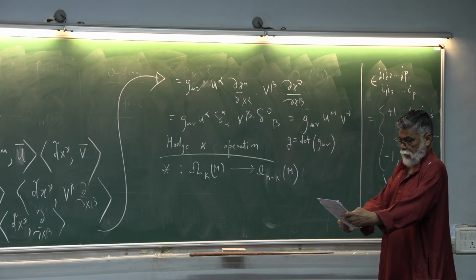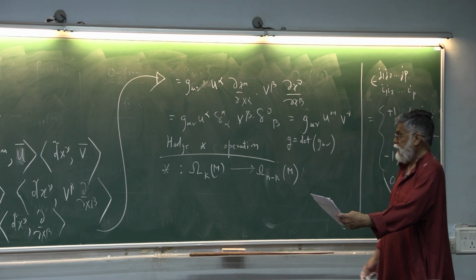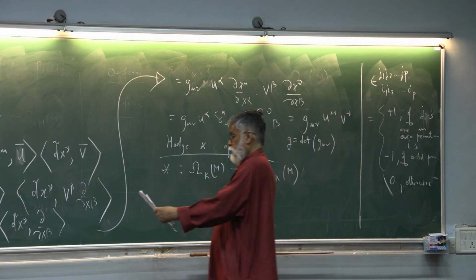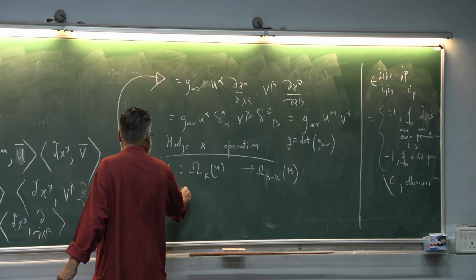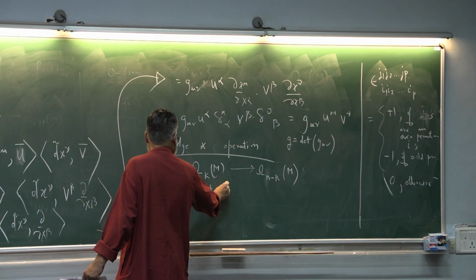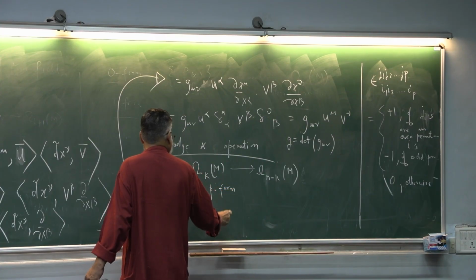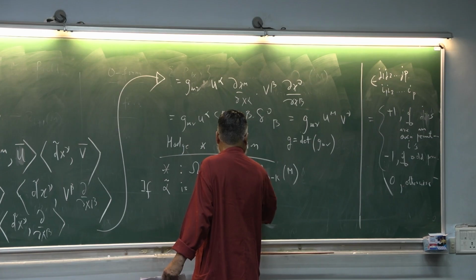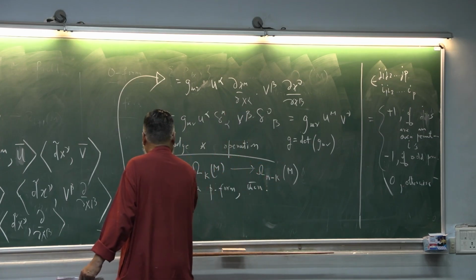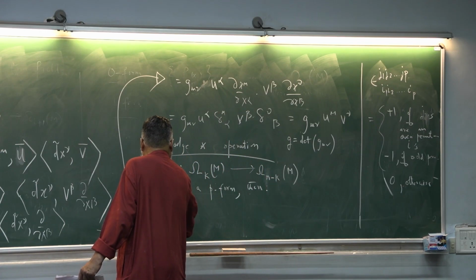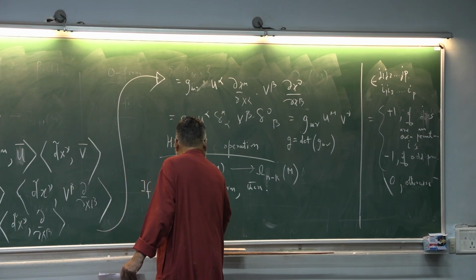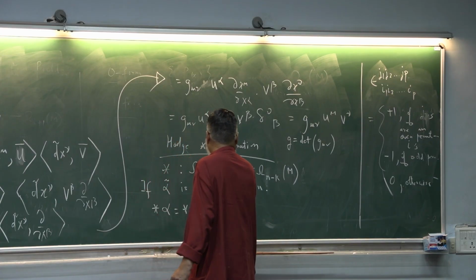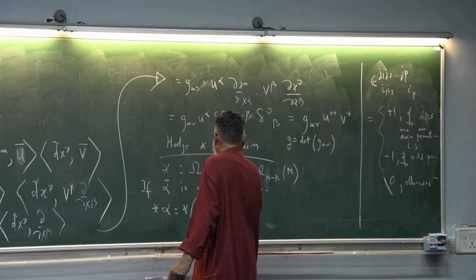Then the star operation does the following. If alpha is a P form, then star of alpha, which is nothing but star of any P form, after all, is 1 over P factorial alpha I1, I2, IP.